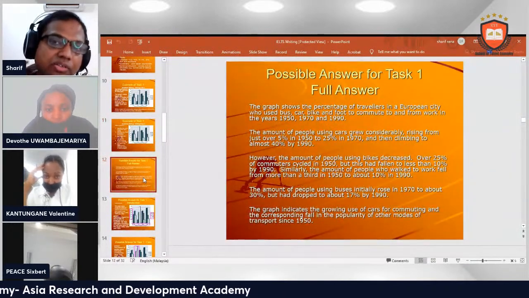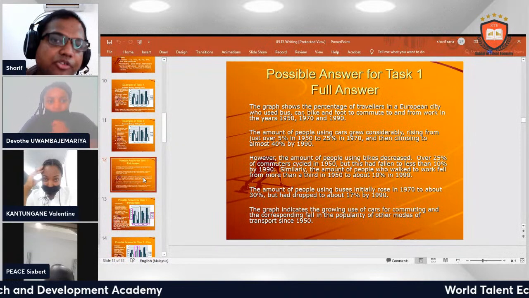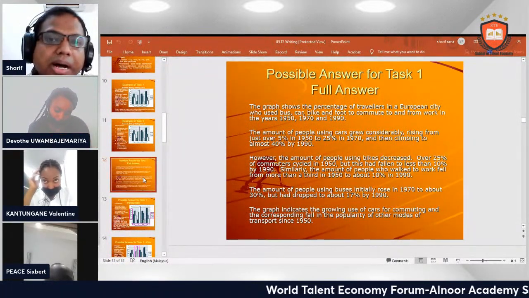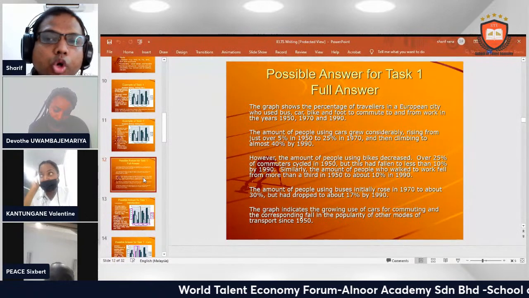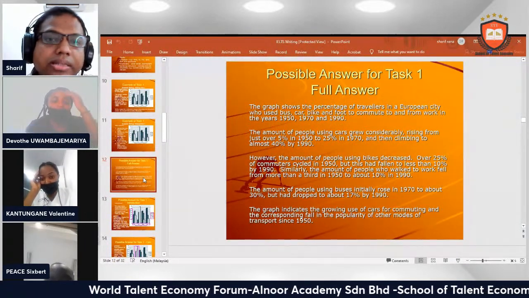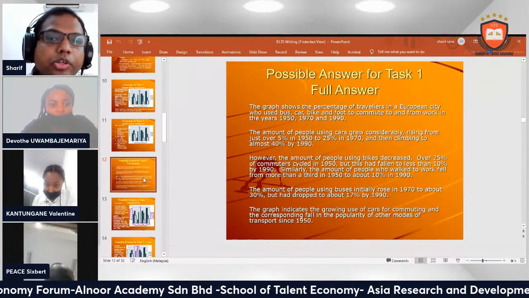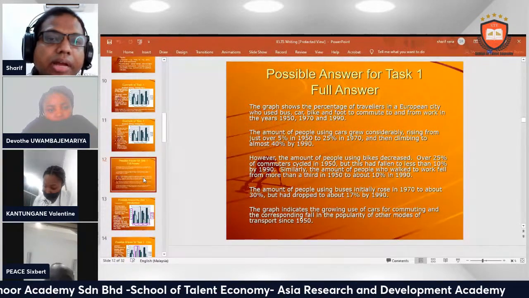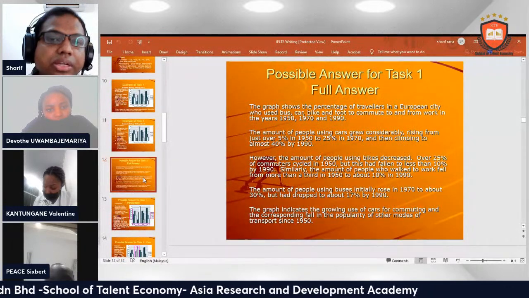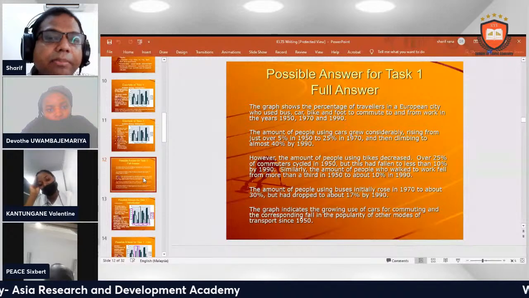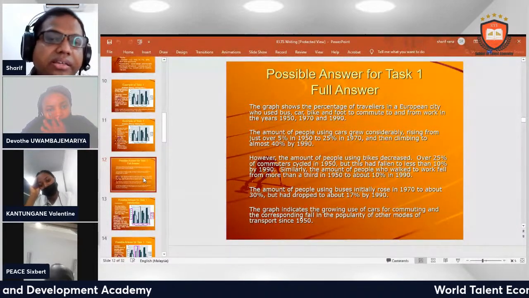Possible answer for task 1, or full answer. The graph shows the percentage of travelers in a European city who use bus, car, bike, or foot to commute to and from work in the years 1950, 1970, and 1990. The amount of people using cars grew considerably, rising from just over 5% in 1950 to 25% in 1970, then climbing to almost 40% by 1990.